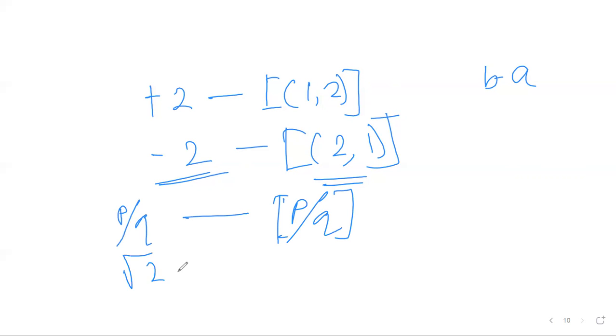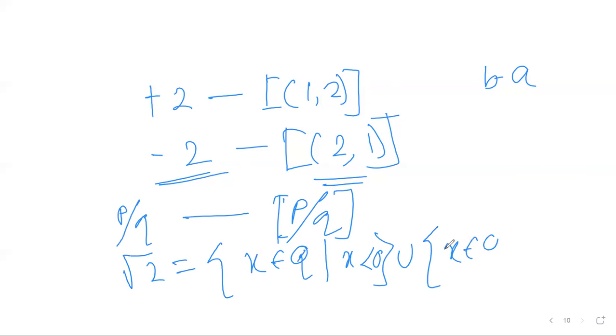Here root 2 we get is: x belongs to Q and x less than 0, union x belongs to Q, x greater than 0 and x square, sorry, less than 2.